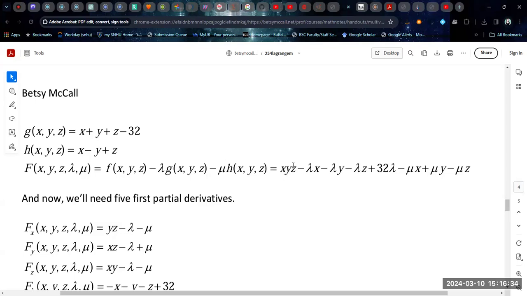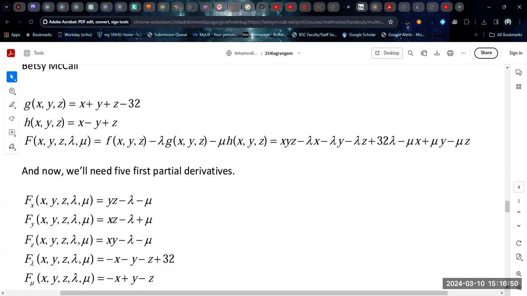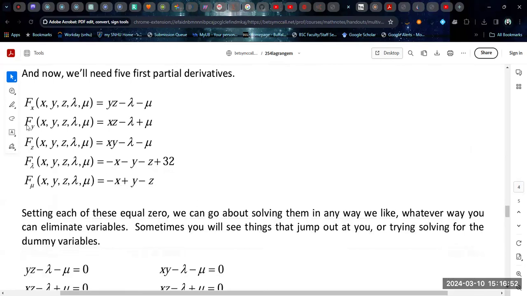And so here's our original F minus lambda g minus mu h. And then our function now has 3 initial variables plus lambda and mu. So we need to take 5 first partial derivatives.